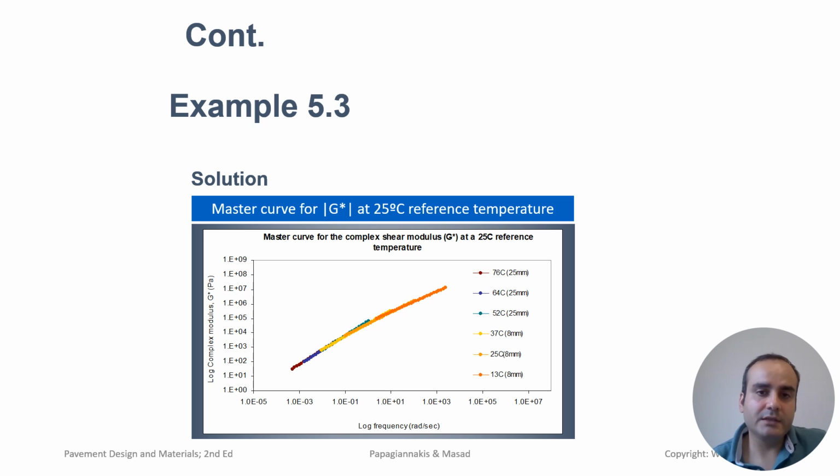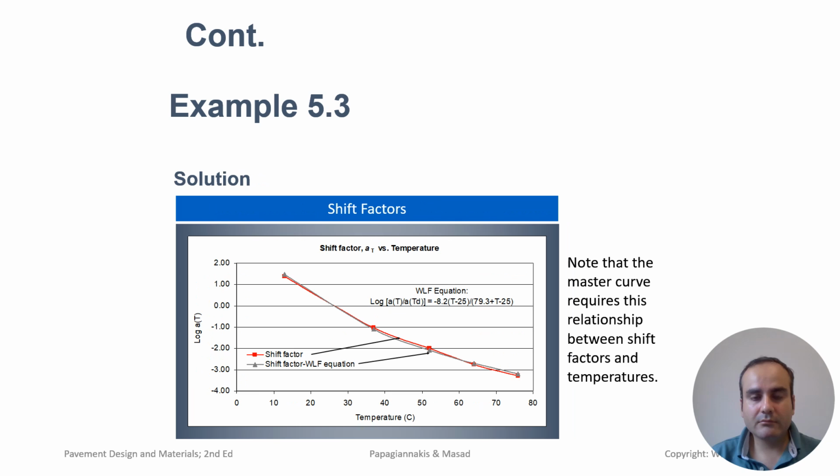So basically, all the values in previous slides were converted into the values at a reference temperature, which is 25 C. This slide shows shift factor versus temperature. Note that the master curve requires this relationship between shift factors and temperature.